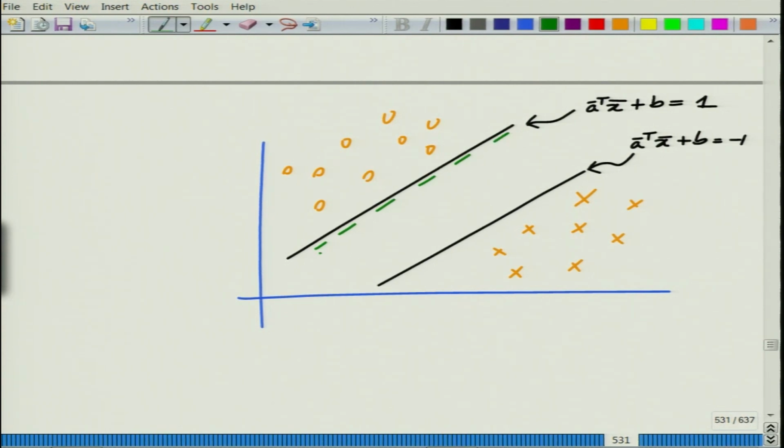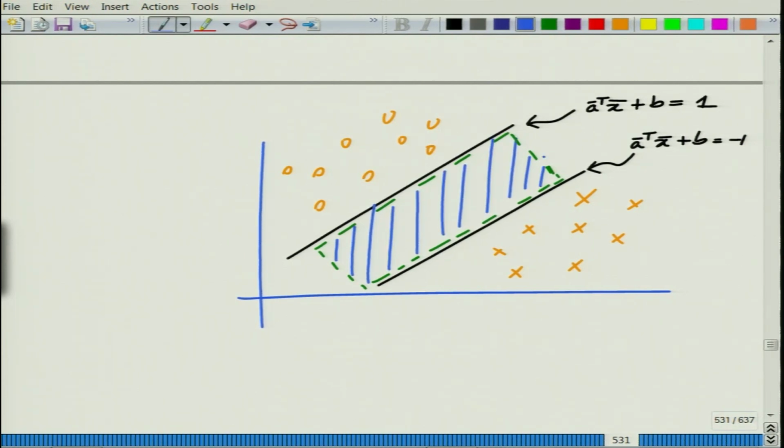So, you are essentially not just fitting a hyperplane, but you are inserting a slab, right, a thick partition.